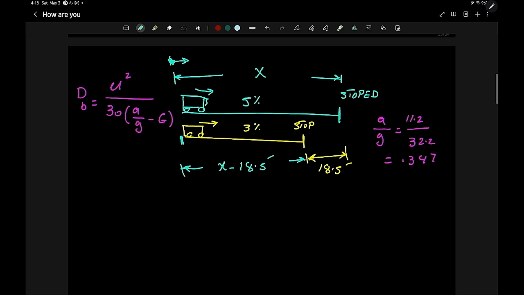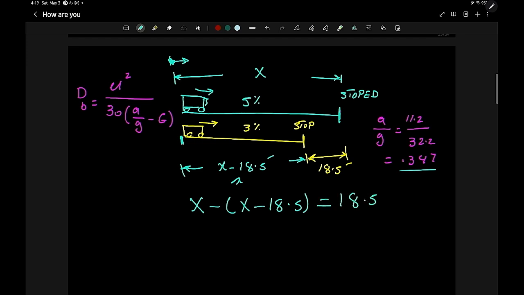So here's the equation: u squared divided by 30 times A over G plus or minus G, where G is the grade of the road. A over G is given by AASHTO as 11.2 divided by 32.2, and that comes out to 0.347. So what we're going to say is that distance x, which is the green, minus the distance up here, which is x minus 18.5, the difference between those two is about 18.5.